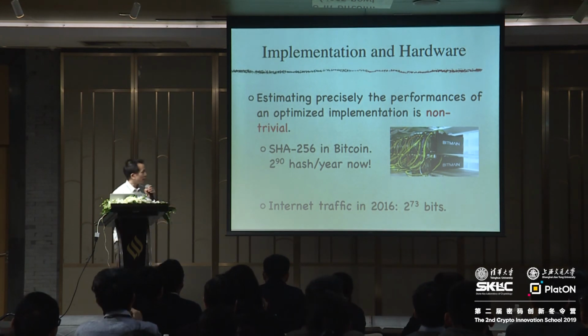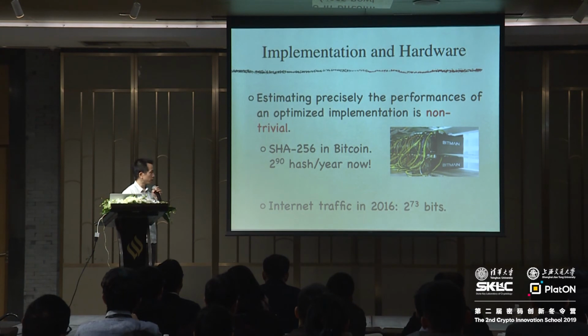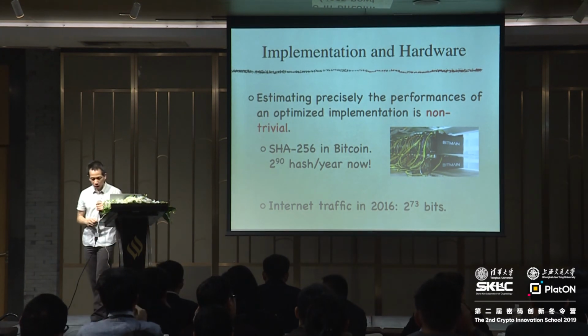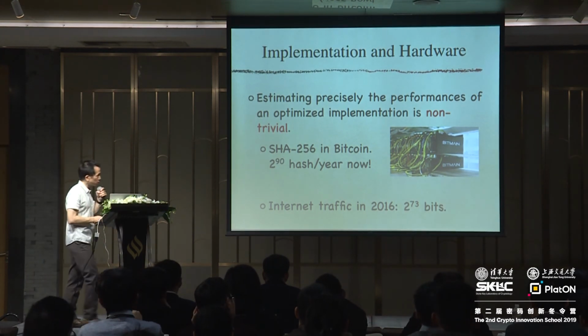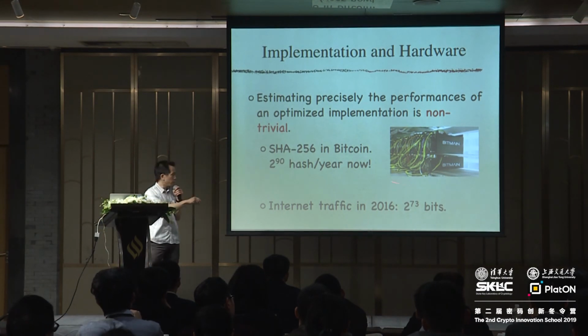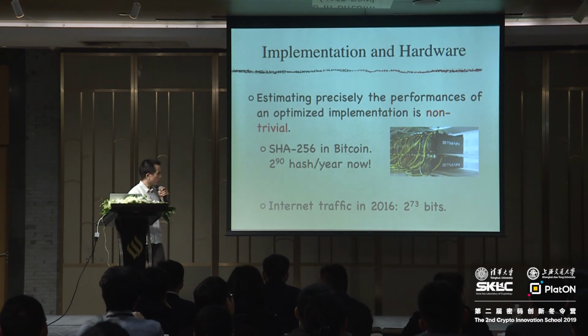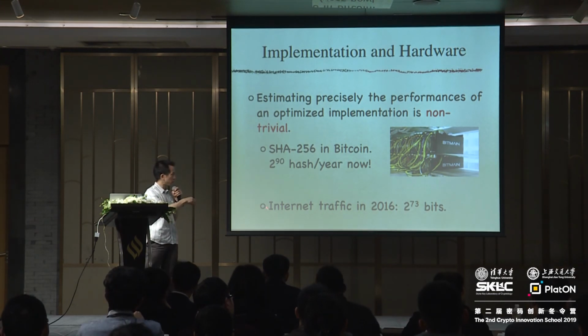So even for a simple algorithm like SHA-256, this is non-trivial. Notice also that there is a gap between computations and memory. You can see we do many more computations than we are able to store in memory today.